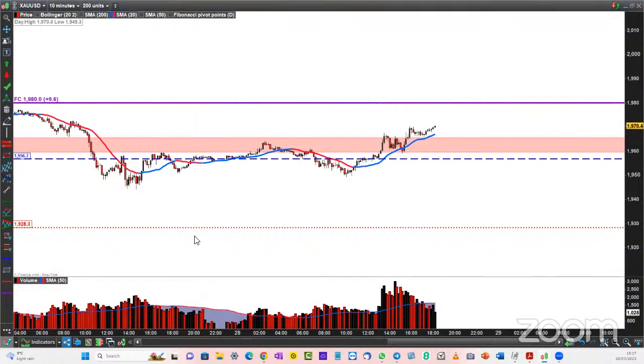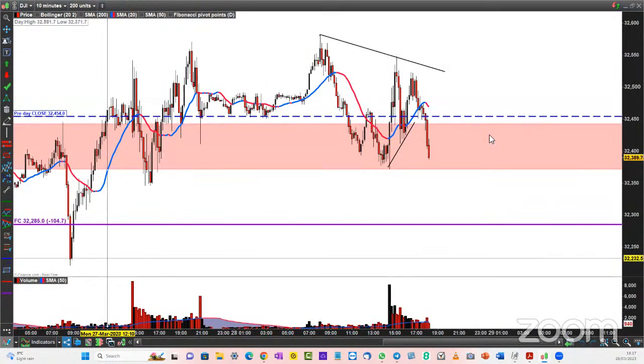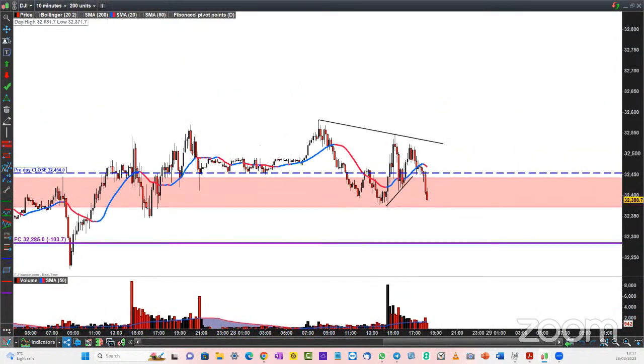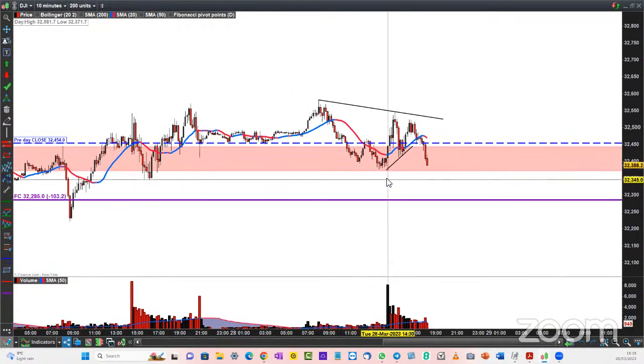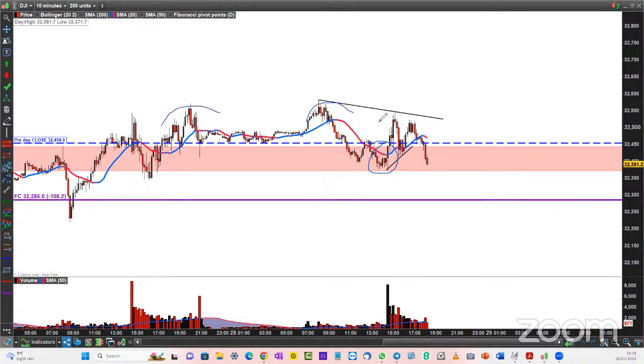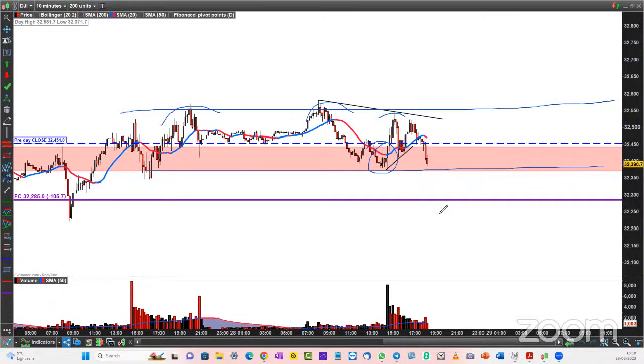Okay, we'll have a quick look at the Dow. You can see that this was the opening bar here. And so we popped up into last night's level, kept selling at this 32,550, and we're coming back down to support with 2 3/4 hours left until the US closes.